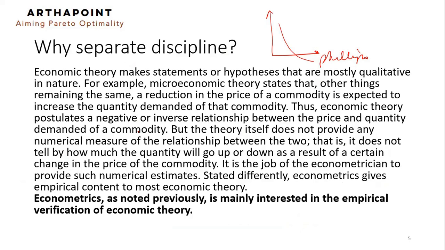Similarly, for microeconomics, I understand that when a firm increases the price, the quantity demanded will decrease, and when the price increases, the quantity supplied will increase. But what happens if I have to show that relationship mathematically? Theory will not give you any numerical number. That is something which is given by econometrics.